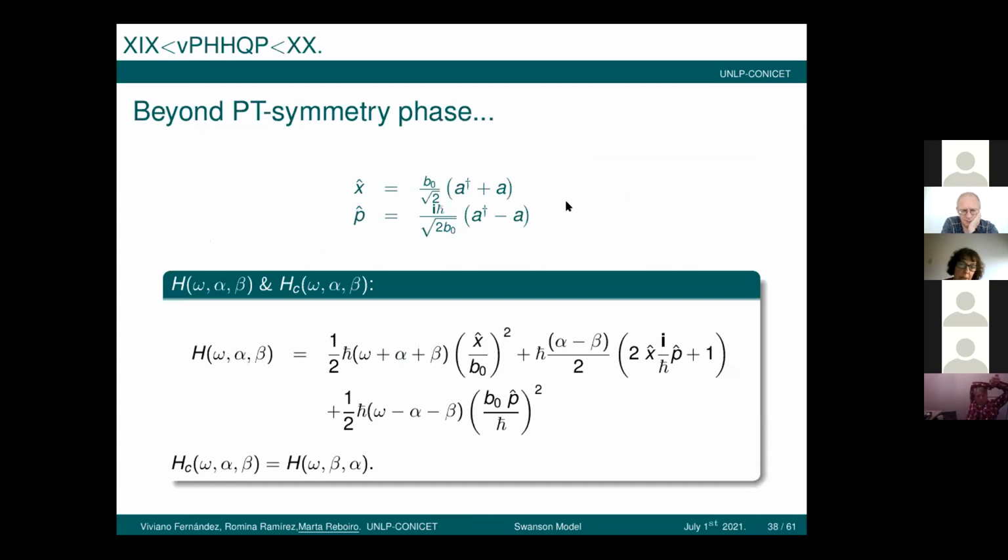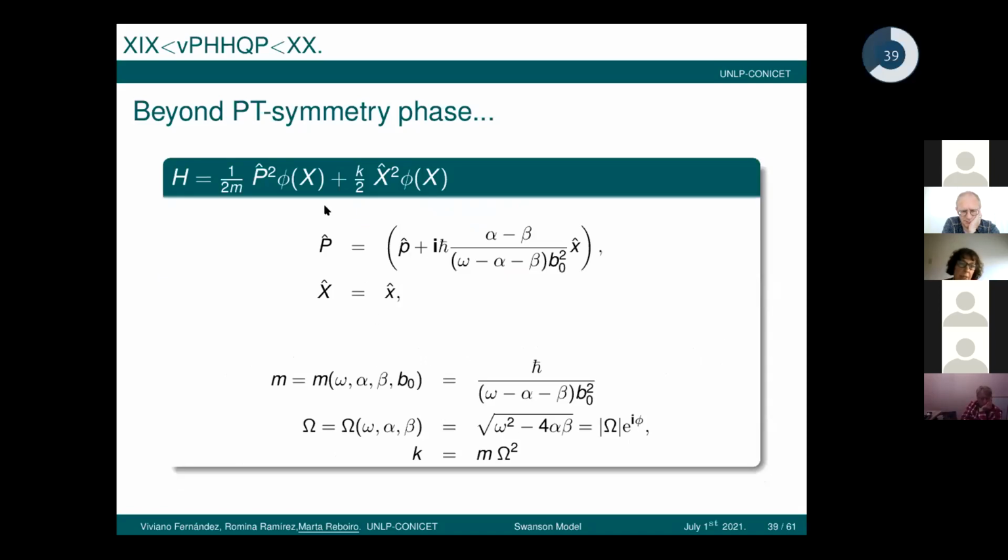Then we come again to the oscillator, the momentum and coordinate operators in terms of those for the harmonic oscillator, and we write the Swanson Hamiltonian in this way. The first thing we have to notice is that the adjoint of H is simply obtained by exchanging alpha and beta.